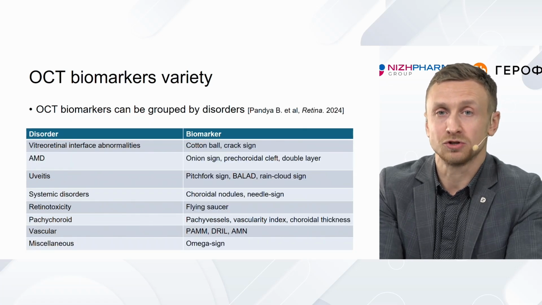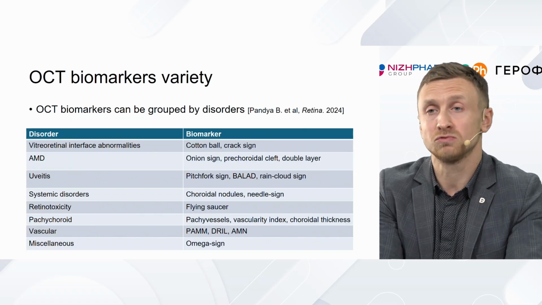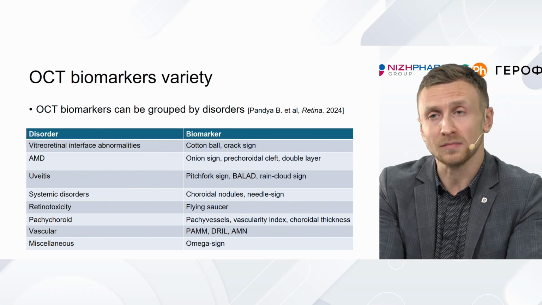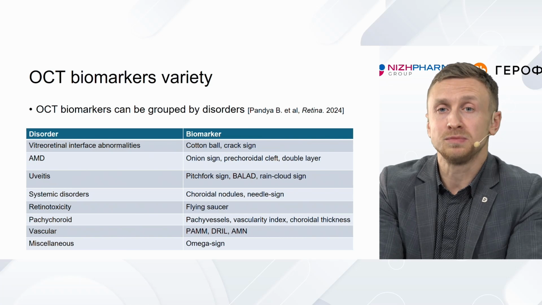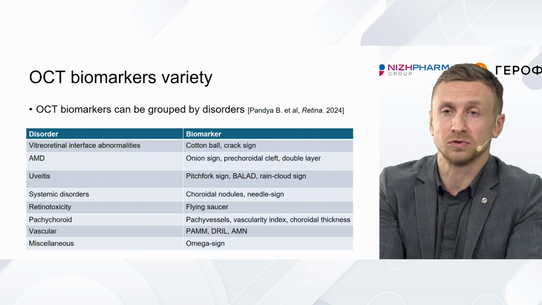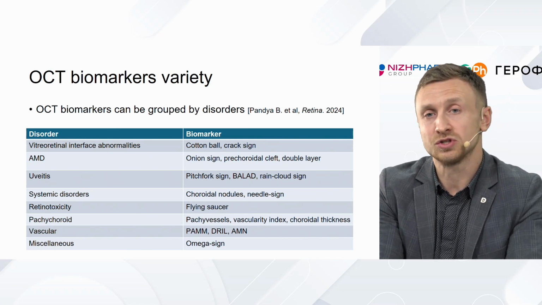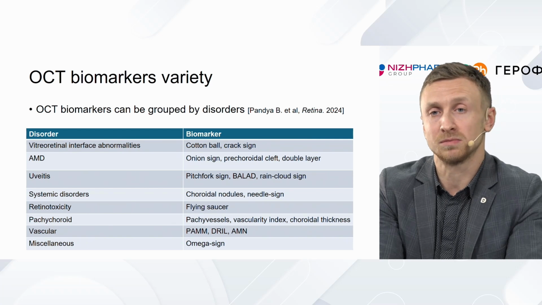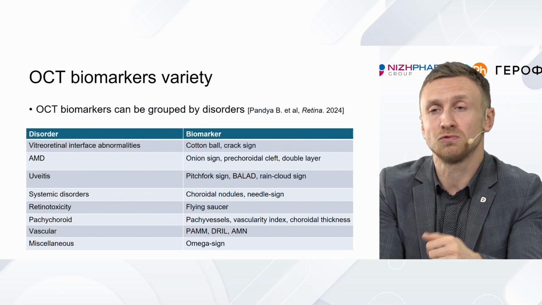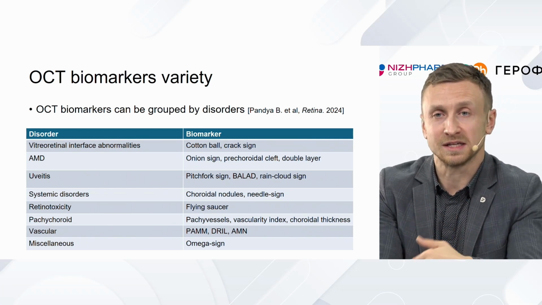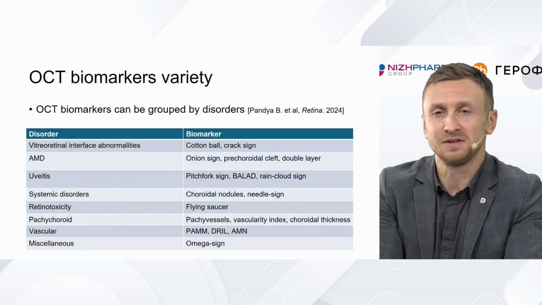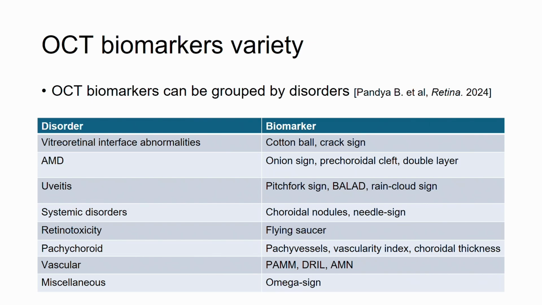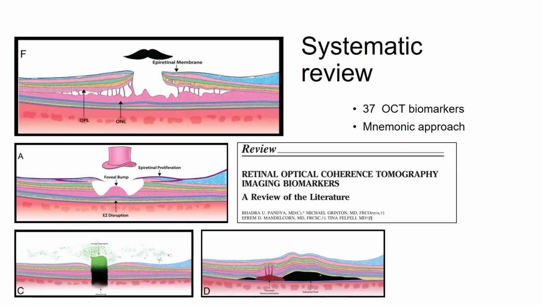But we move on, and there is another interesting classification offered this year by Panda and published in Retina in 2024. And these are OCT biomarkers that were grouped by disorders. So they try to sum up biomarkers that have particular interesting mnemonic characteristics. So these are the ones that we can easily assign particular interesting names. And here are examples: cotton ball, or crack sign, or double layer, or rain cloud sign, or flying saucer.